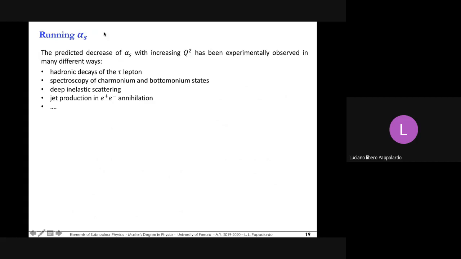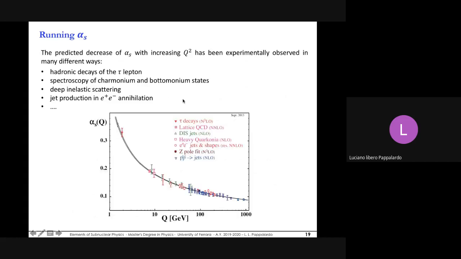Now, how can we measure alpha strong? There are many ways. Many ways have been exploited in the past. Here, just let me list some of them. Through the study of hadronic decays of the tau lepton, through the spectroscopy of the charmonium and bottomonium states, in deep inelastic scattering, this we will see next week, in jet production in e+ e- annihilation, and several others.